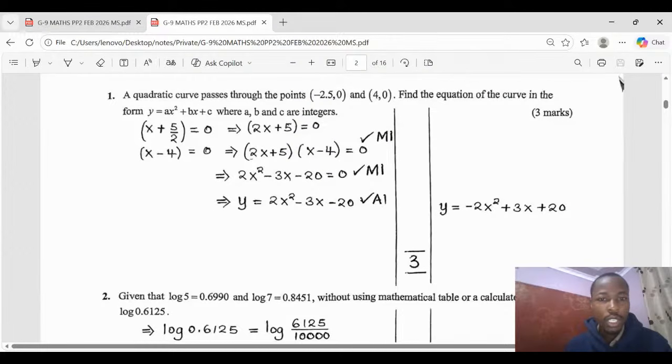So the first question is asking: a quadratic curve passes through the points (-2.5, 0) and (4, 0).